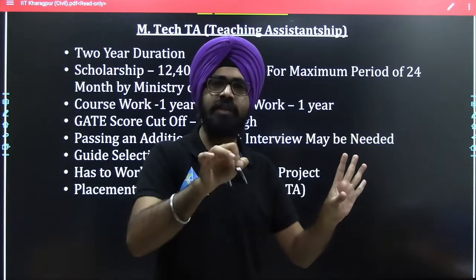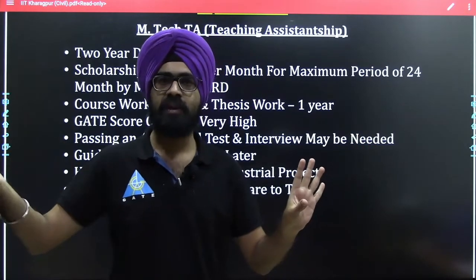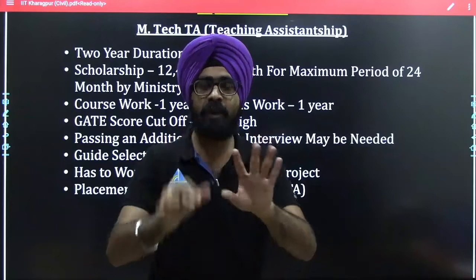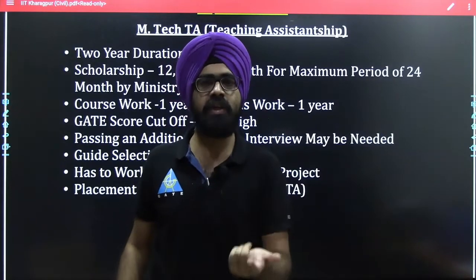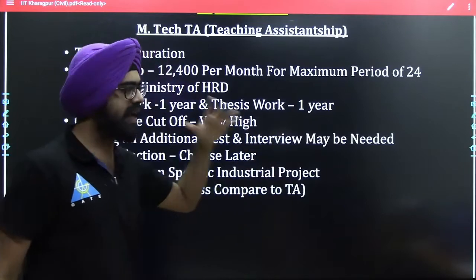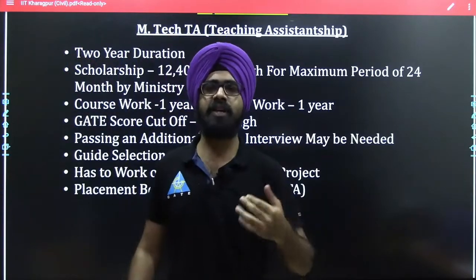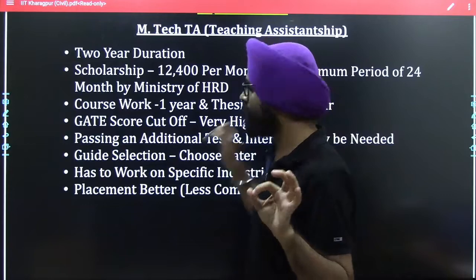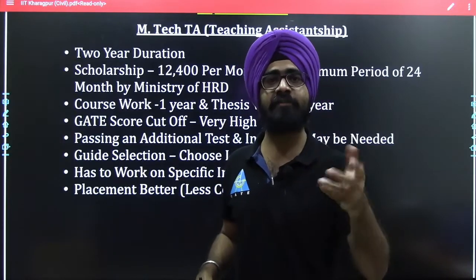Now in that thesis work you have to study various research papers. Then you have to develop something that belongs to you. So you have to develop some new thing in this thesis work. In IITs and NITs you should definitely do the thesis work very seriously, because that is going to add a feather in your cap.